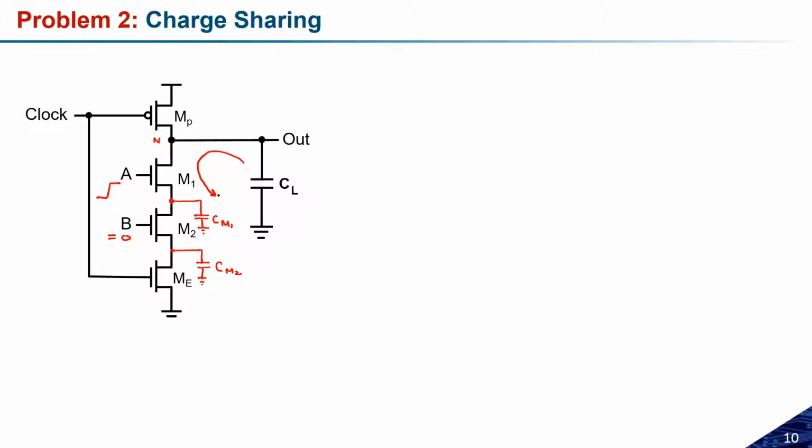So some of the charge will be redistributed to CM1, and effectively the charge at the output voltage will be reduced. This is a really serious problem, because even in the pre-charge mode the charge will be redistributed. This is the problem we are calling charge sharing.